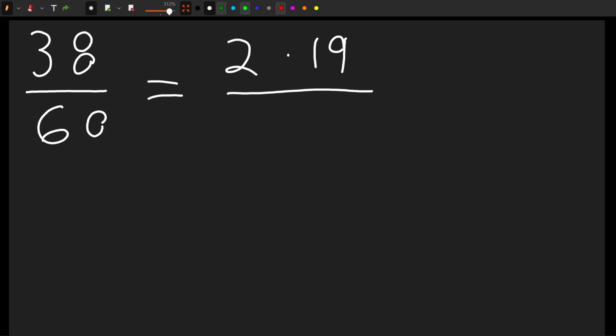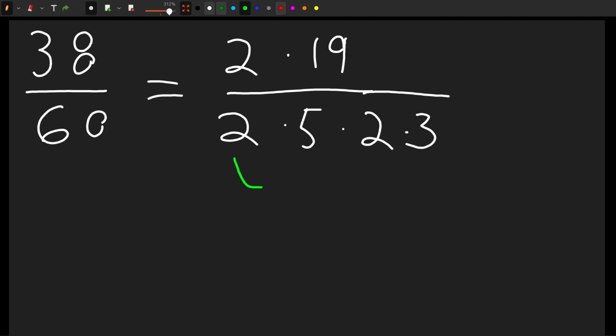And then on the bottom, we have 2 times 5 times 2 times 3. Yes. And so the reason for that is 2 times 5 is 10, 2 times 3 is 6, and 10 times 6 gets us to 60.